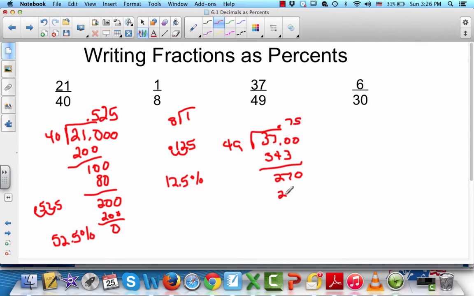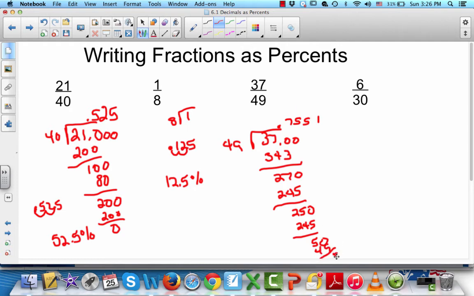That's 245 with 25 left over. It goes 5 more times. That gives you 245 again with 5 left over. And then it goes 1 more time, and that gives you 49.